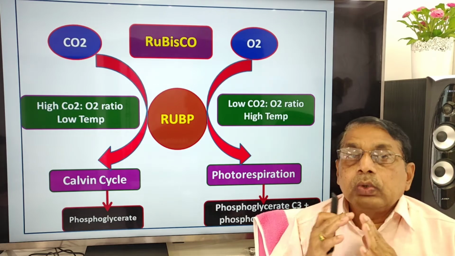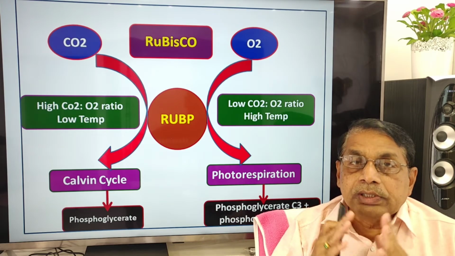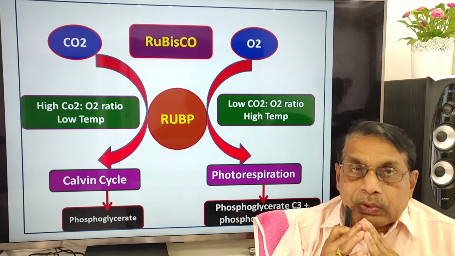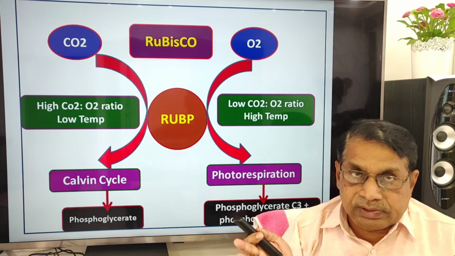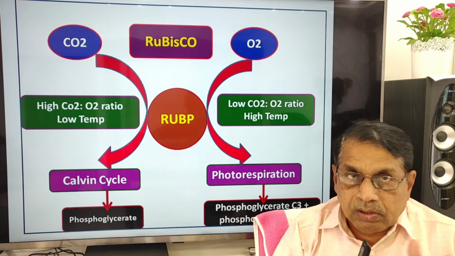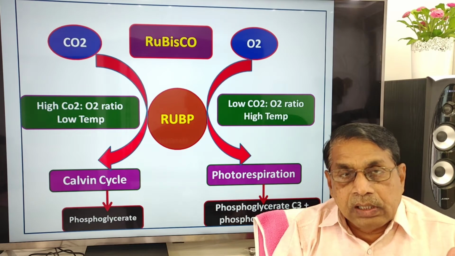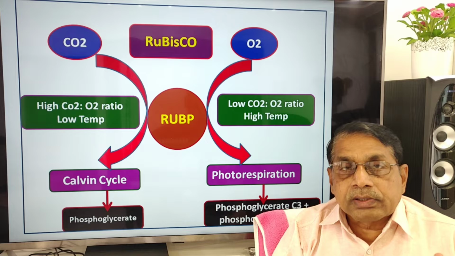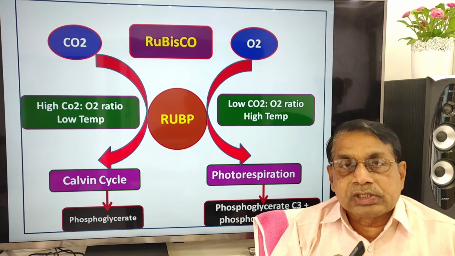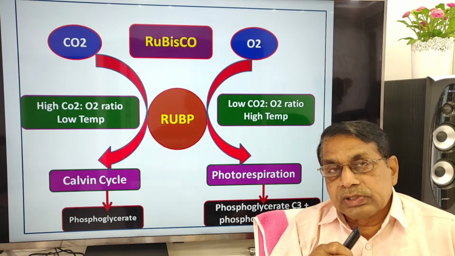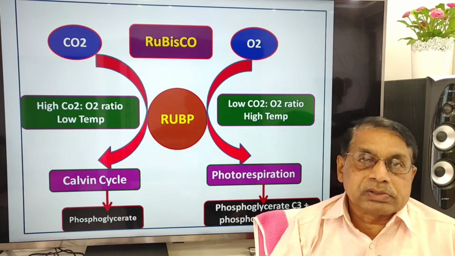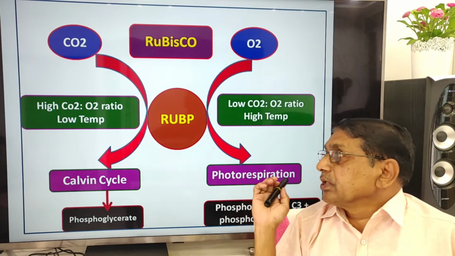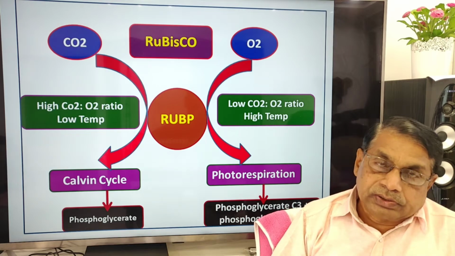Thus Rubisco plays a dual role with two active sites. When it absorbs carbon dioxide, Calvin cycle reactions, normal photosynthesis, take place. But when it absorbs oxygen rather than carbon dioxide, photorespiration type of reactions take place.